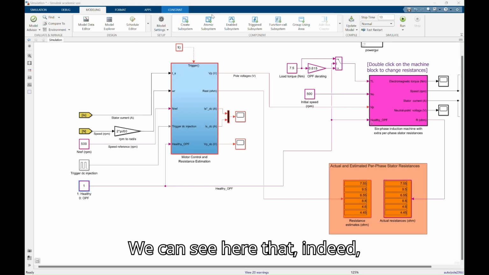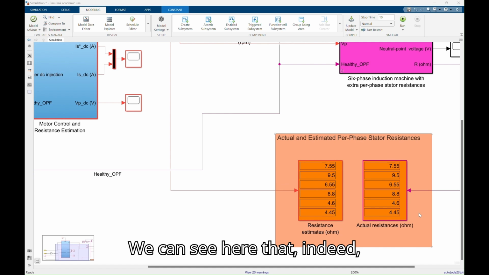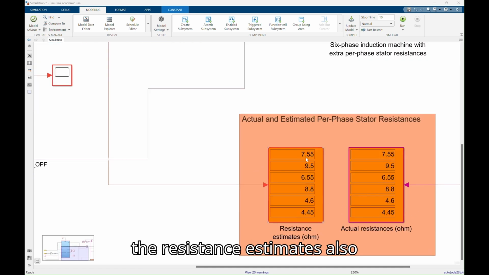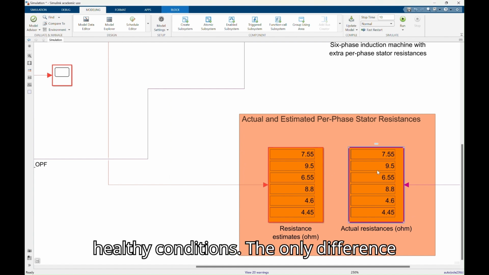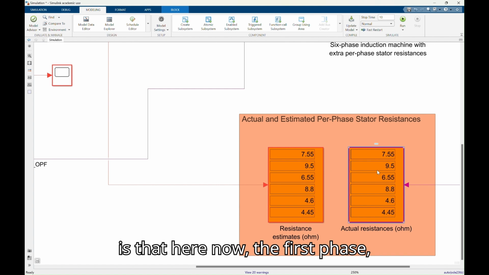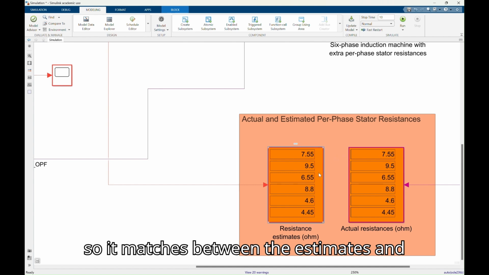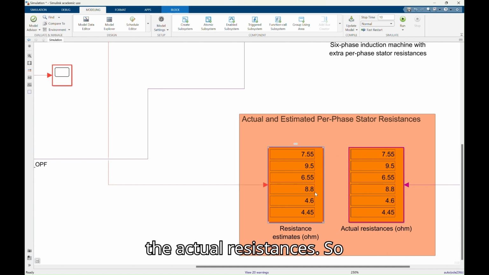So we can see here that indeed the resistance estimates also match the actual resistances in case of healthy conditions. The only difference is that here now the first phase A is not infinite anymore, so it matches between the estimates and the actual resistances.